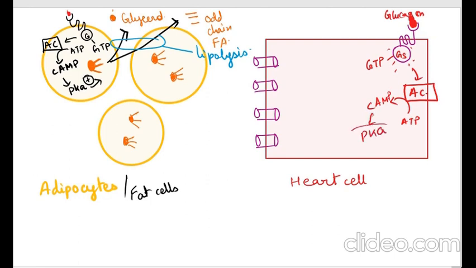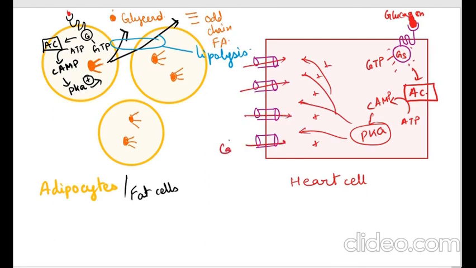Then this protein kinase A will give a positive signal to all these channels. Now, what are these channels? These channels are all calcium channels. So the calcium channels will open up.